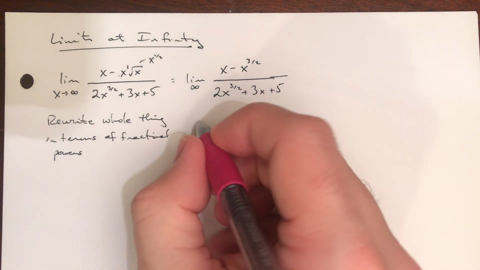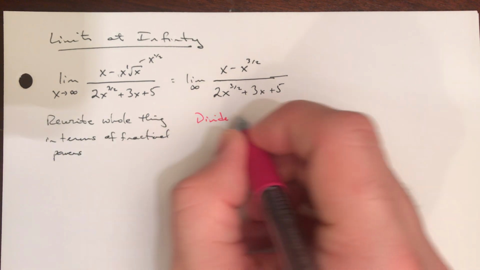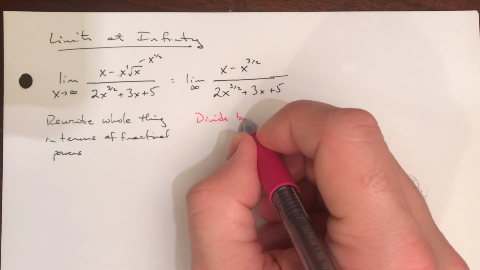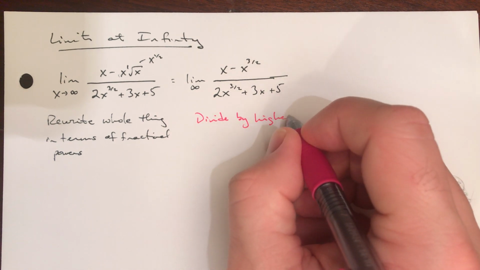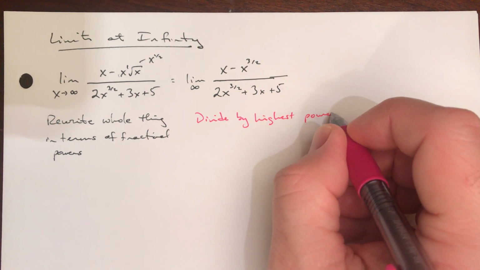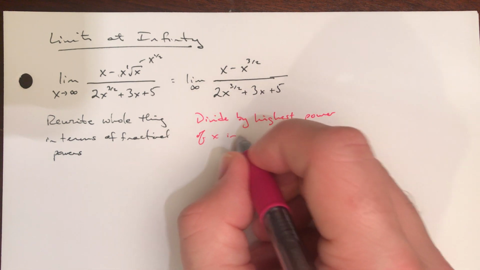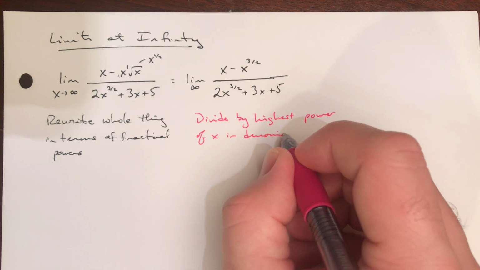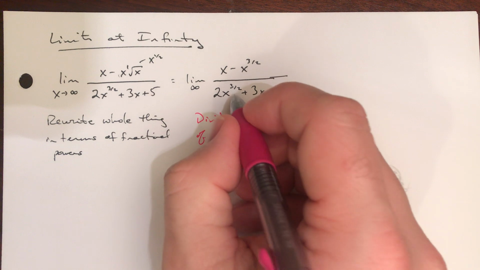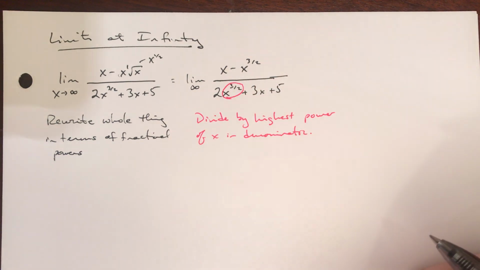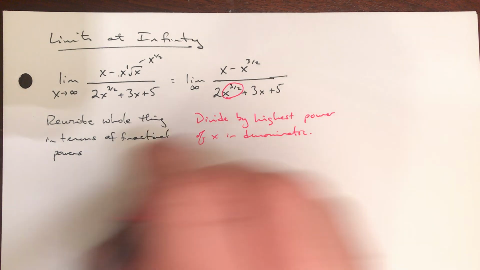And from last time, we know that we are going to divide everything by that highest power of x in the denominator. And so the highest power here is that x to the 3 halves.